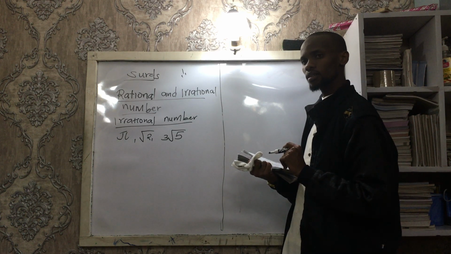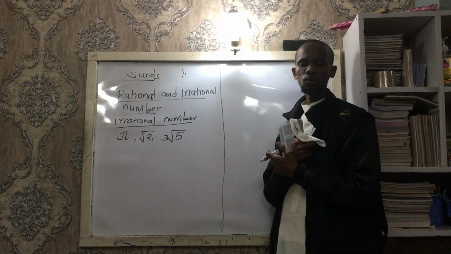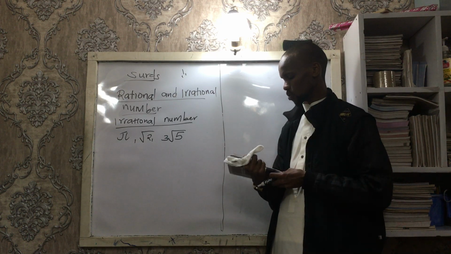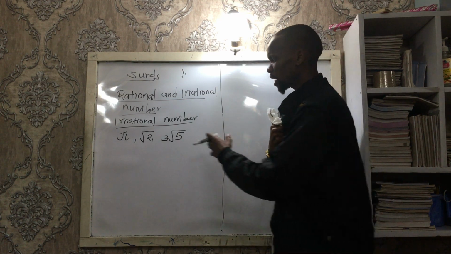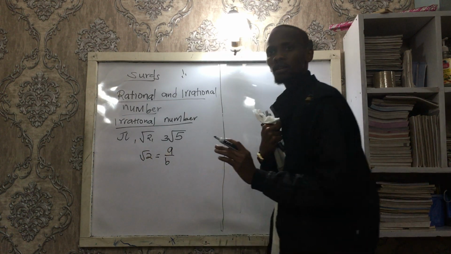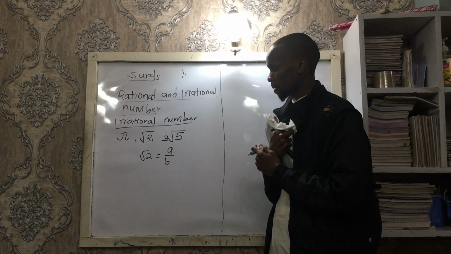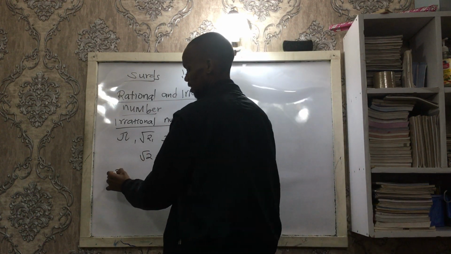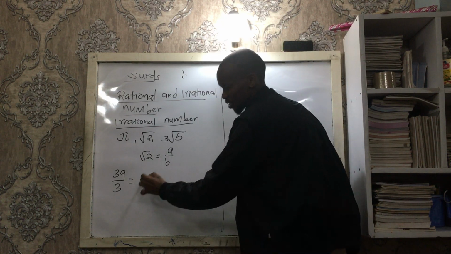It can only be given as an approximation to as many significant figures as possible. Do we have anything that will give us root 2 if we write it in the form a over b? 13 is a rational number, because we can have 39 over 3, that is 13.